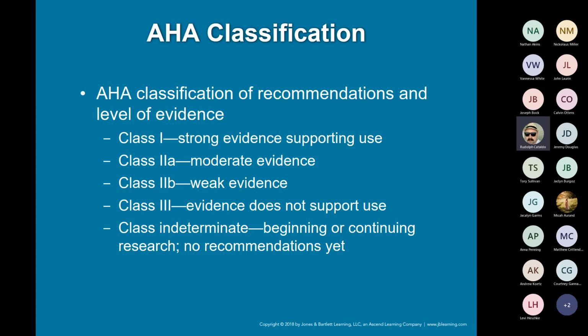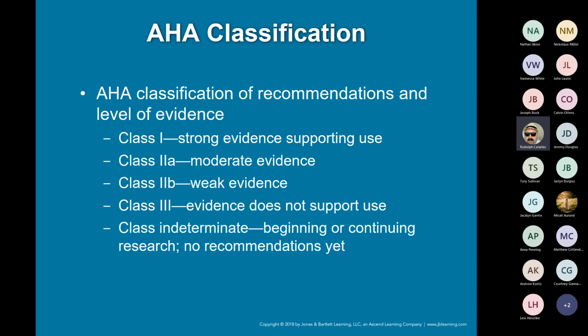You guys shouldn't be too familiar with the American Heart Association yet, just like your CPR card. I understand that. But when we get into ACLS and PALS, there's certain drugs in ACLS and PALS that AHA says there's strong evidence supporting the use behind it. A good example would be TPA or a clot buster. There is evidence showing if we administer a clot buster within this much time of somebody having a stroke, the patient outcome is potentially going to be 70% more likely to be positive.